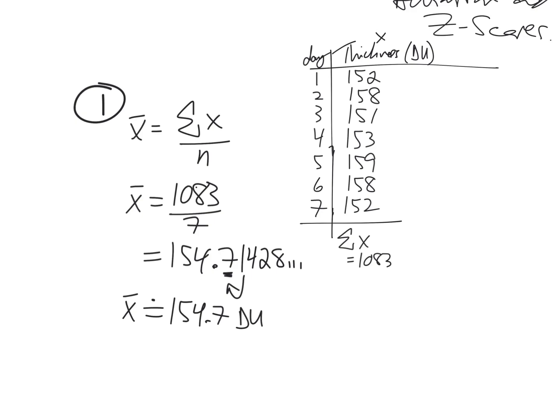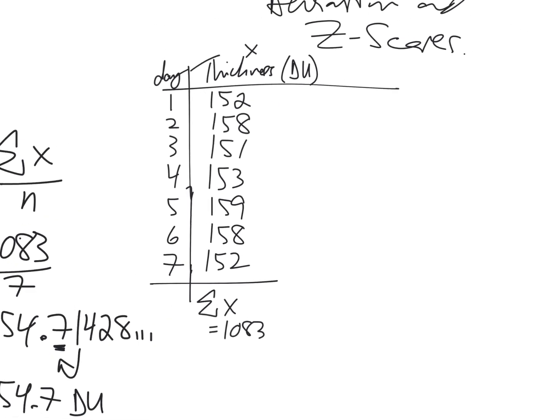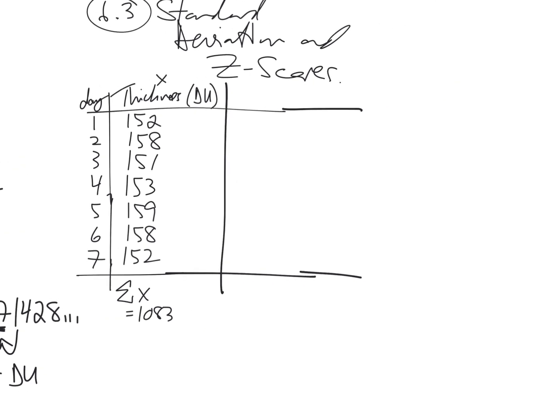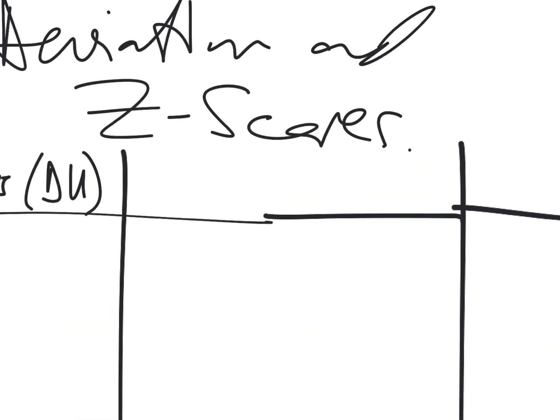Step 2, we need to calculate the deviations from the mean. So we're going to add a column to our chart. In fact, we're going to need 3 columns. So let me make some room here. This first column is going to be the deviation.